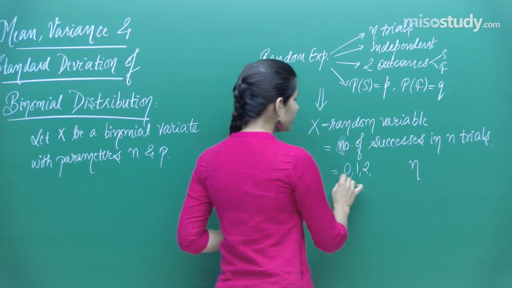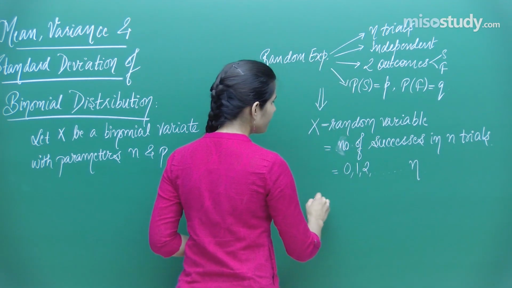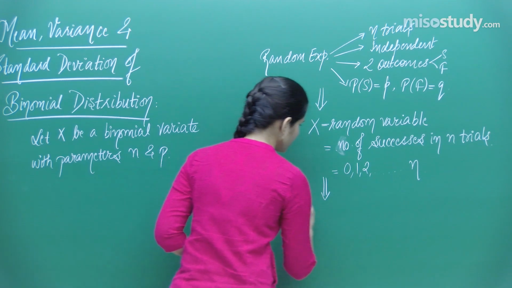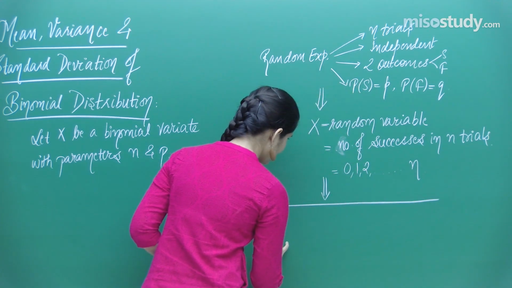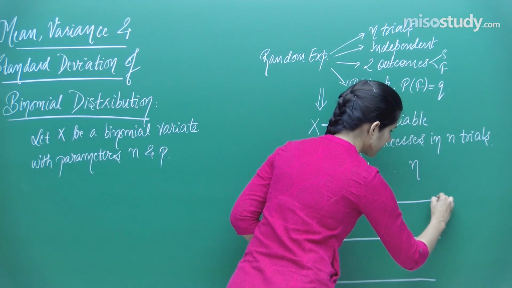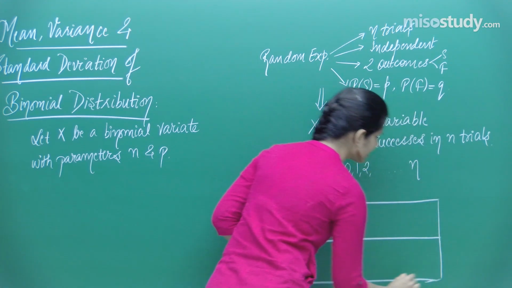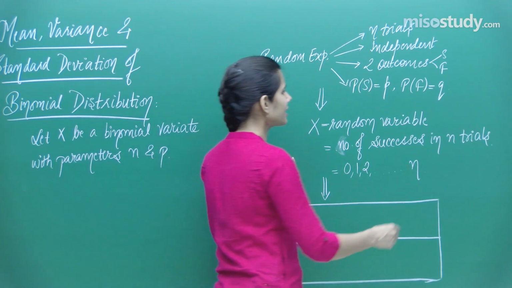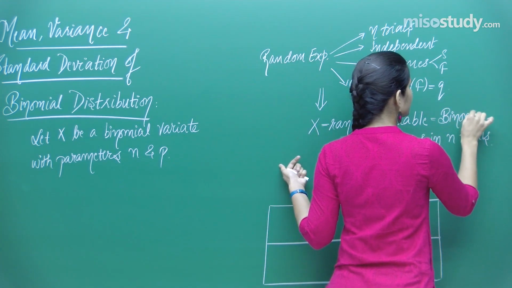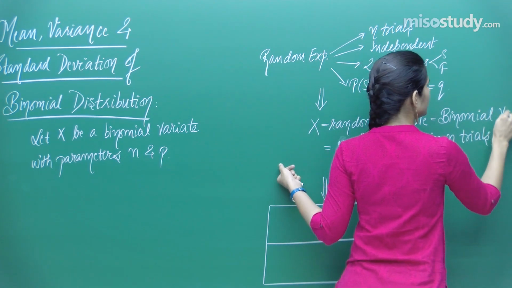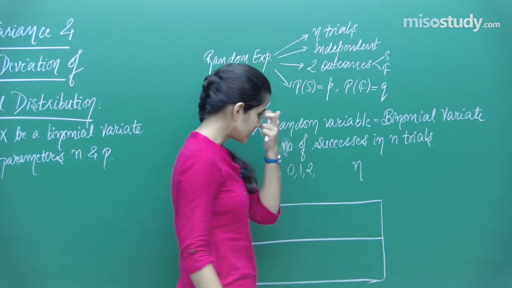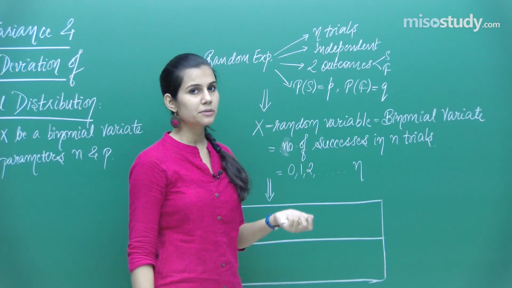So these are the values which can be assumed by X, and therefore after this step I can talk about the binomial distribution of this random variable. But this is not any random variable, this is actually a binomial variate, right? Because it is representing the number of successes in N Bernoulli trials of this random experiment.